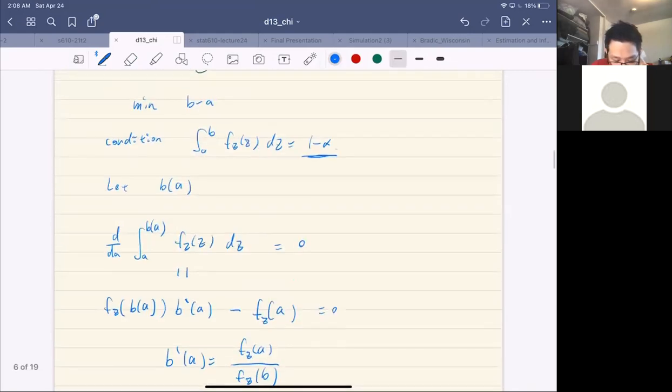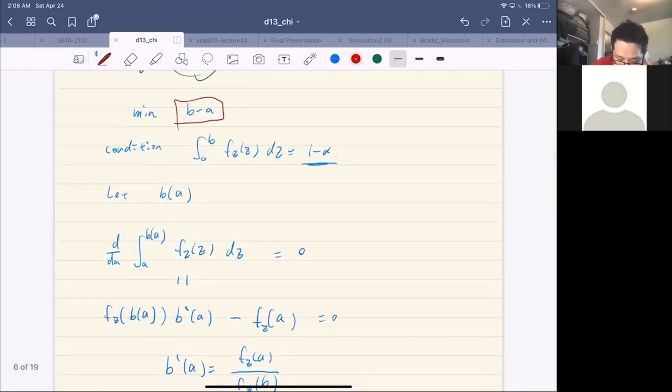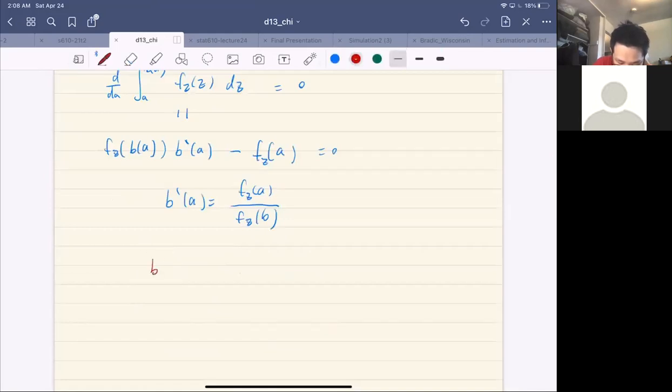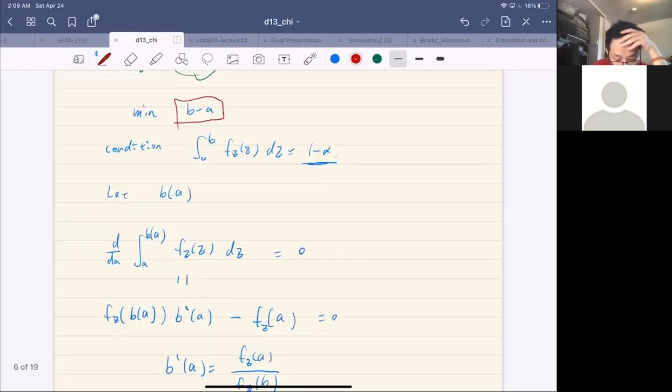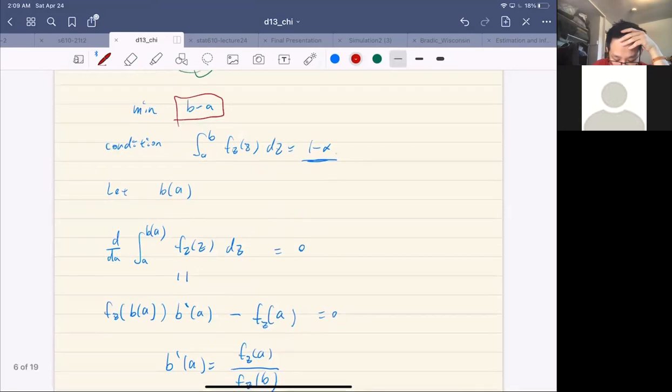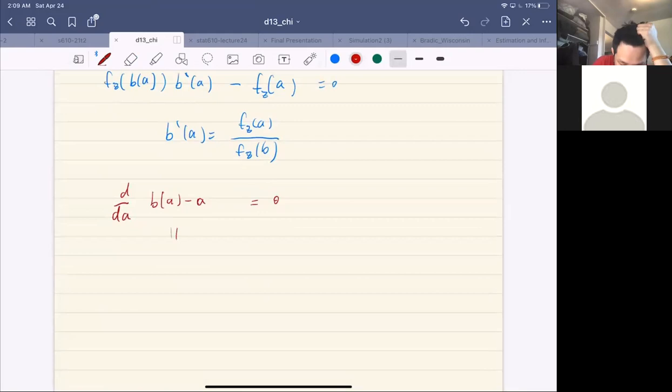And let's go back to the optimization function, B minus A. The derivative of this also should be 0 because we want to find the critical point. So at the critical point, the first derivative should be 0. So this is equal to B'(A) minus 1.